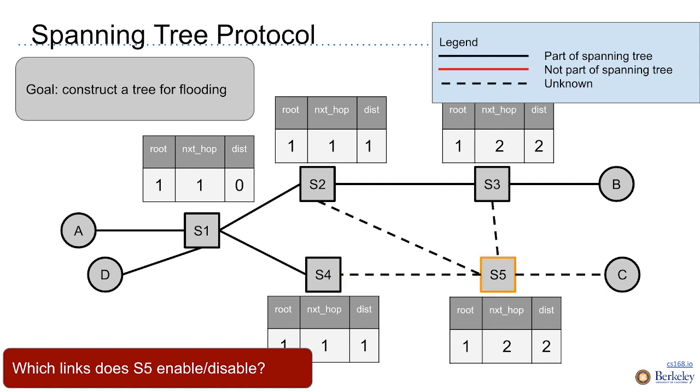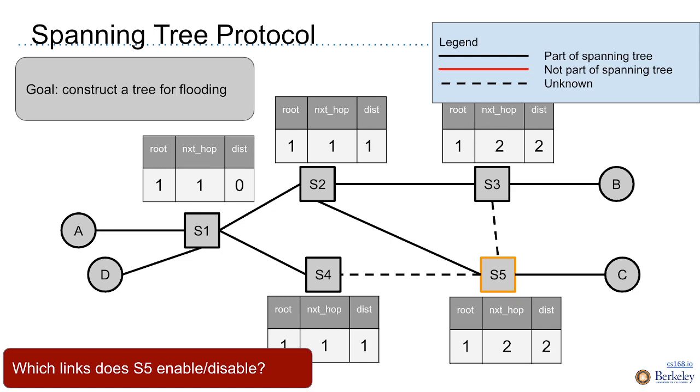S5? Does it do anything else? And C? And then? Yeah. Now it can disable the other 2 because they are not using it for their shortest path, right?